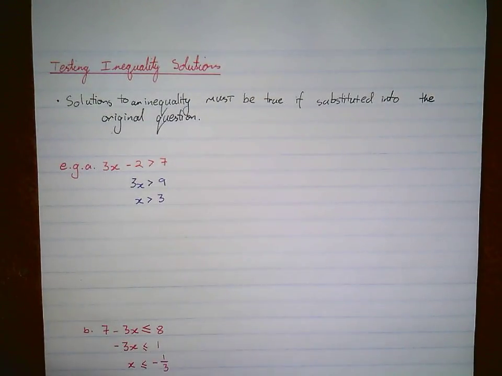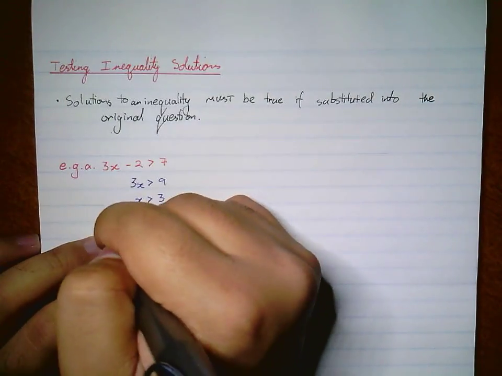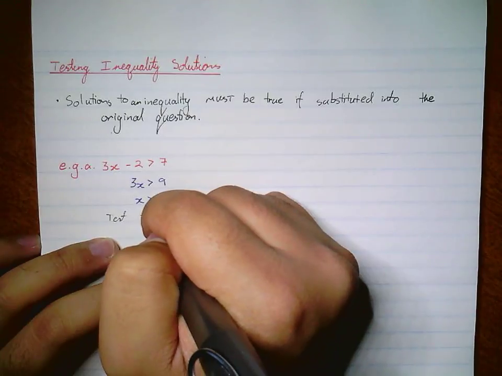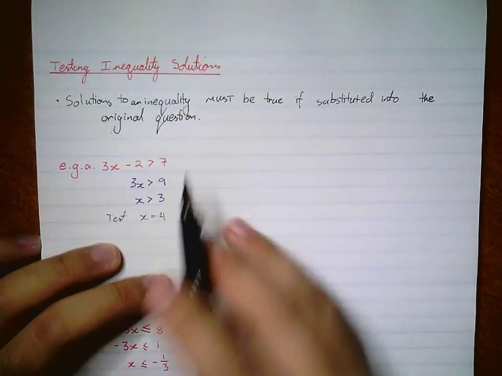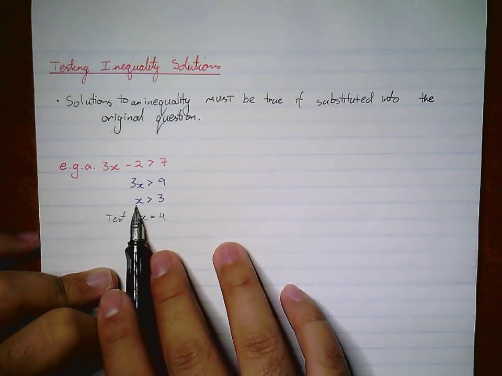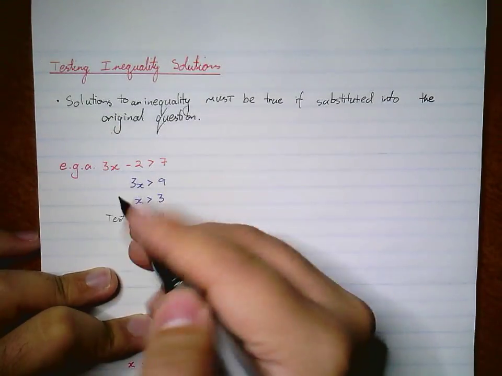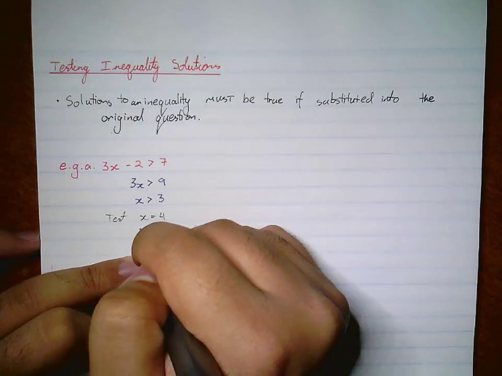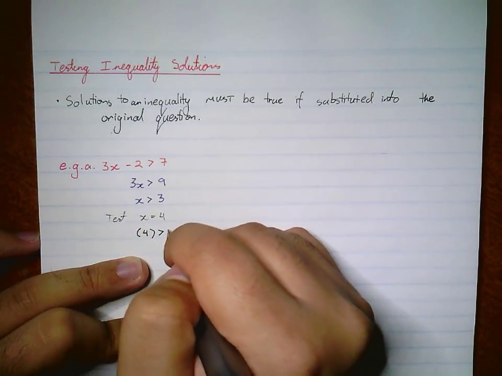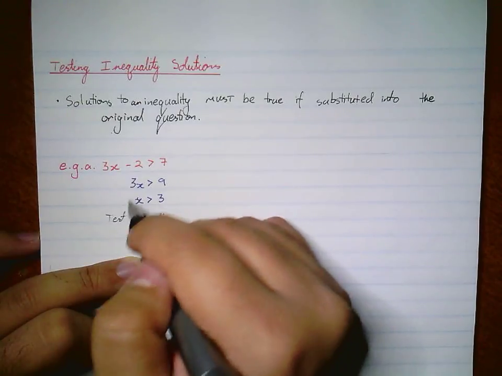be true. So let's test. I'll write down here. Let's test x is equal to 4, because x is equal to 4 is greater than 3. See? I'll show you. I'll write that in. If I substitute this into 4 is greater than 3, which is coming from here.